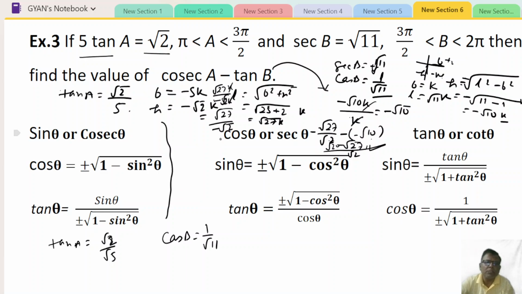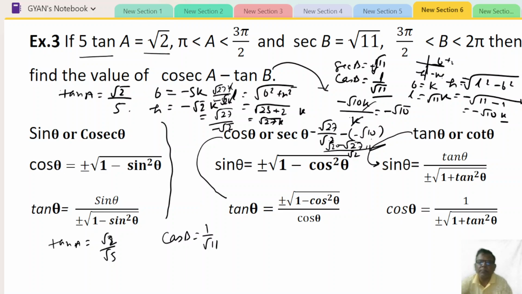So from cos, you have to find tan. And from tan, you have to find sine. Because sine reverse it, then it will be cos.